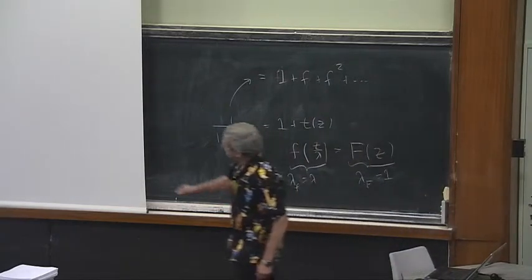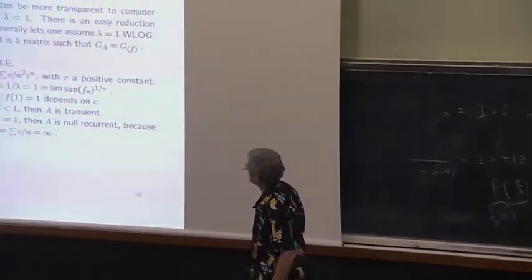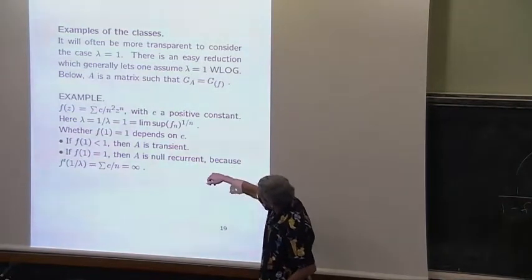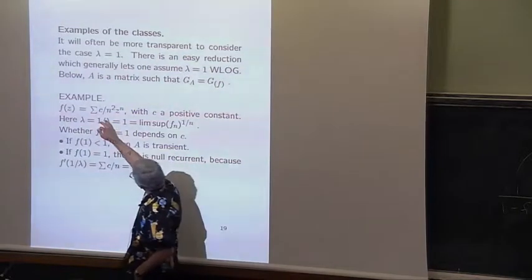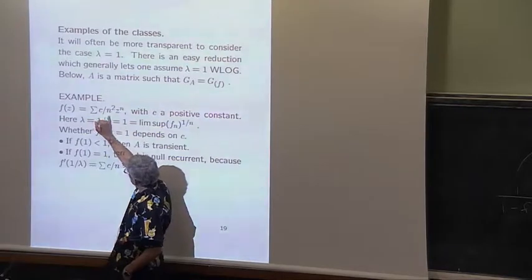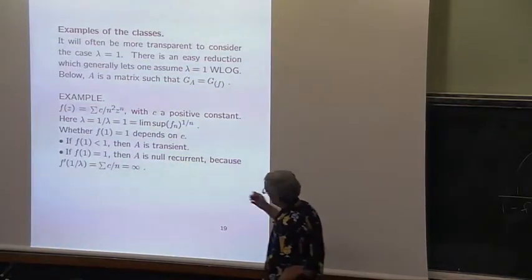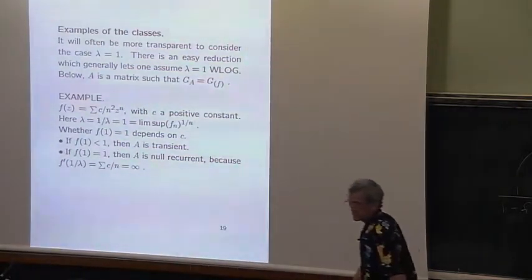So let's suppose lambda is 1. Here's an example. We take f_n to be a positive constant c divided by n squared. Now, I think we see what the growth rate is for c over n squared.